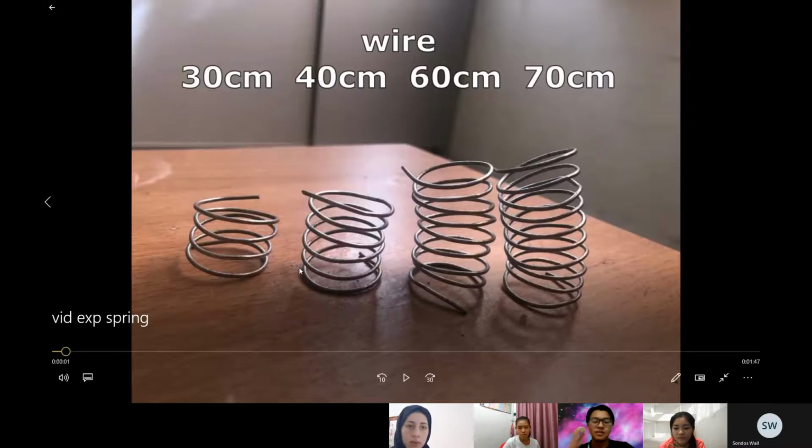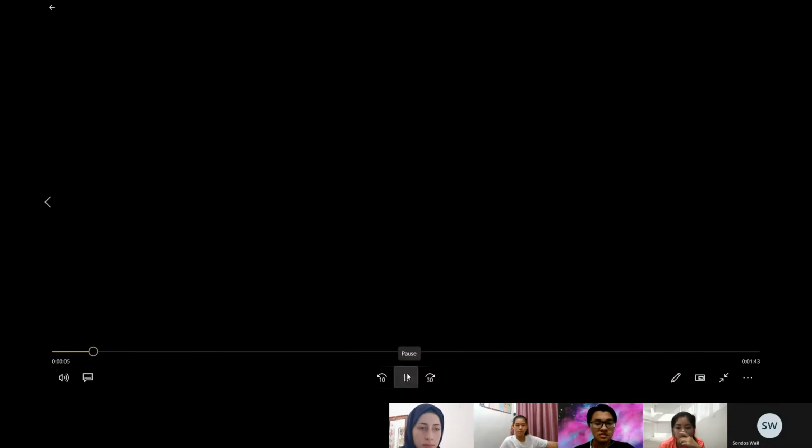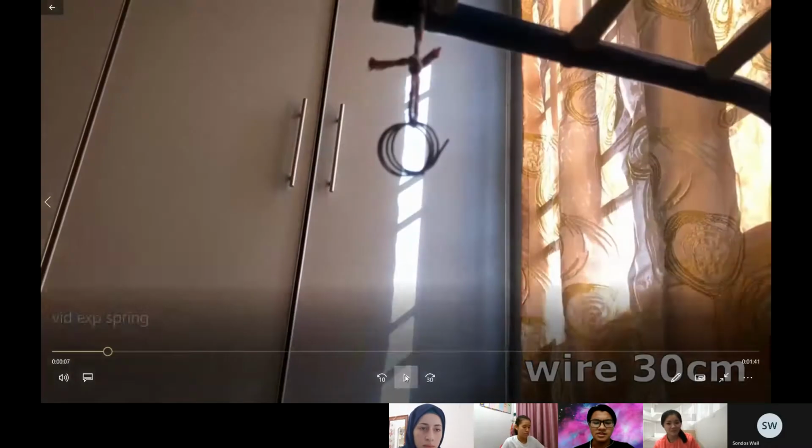After I roll the wire, the lengths become 5.6 cm, 2.1 cm, 3.2 cm, 4.7 cm, and 5.6 cm. So this is for the 30 cm wire, which gives a 4.6 cm spring.